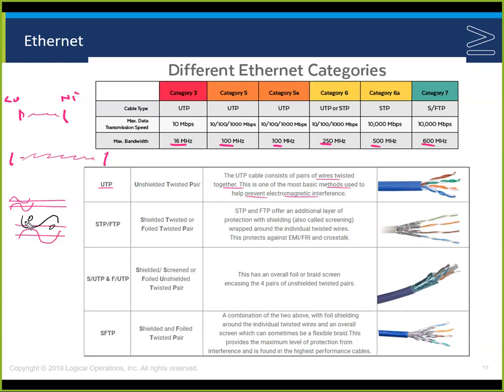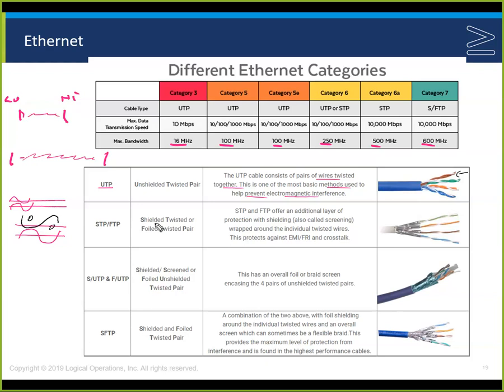So by twisting and physically shifting the wire a little bit, we cause some noise cancellation on the twisted pair. And the pairs are twisted, and you can see the twists here. They're also twisted within the casing, the PVC outer covering to protect it for these things.